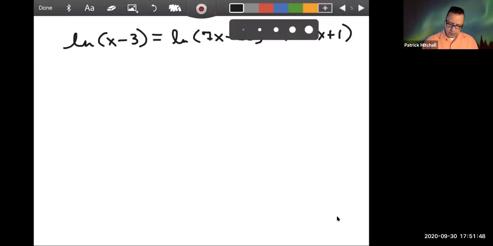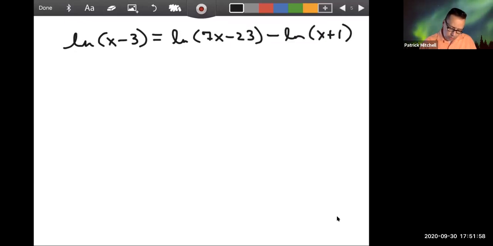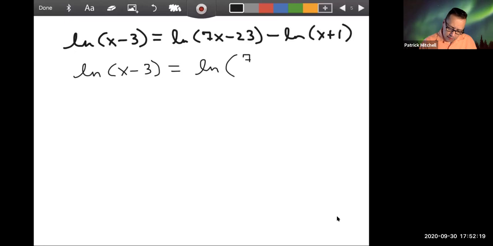And the first thing I'm going to do, since I have two logarithms on the right side of the equation, I'm going to use my quotient rule to rewrite that right-hand side as a single logarithm. So instead of natural log of 7x minus 23 minus natural log of x plus 1, it's just going to be natural log of 7x minus 23 over x plus 1. That's the quotient rule, right?